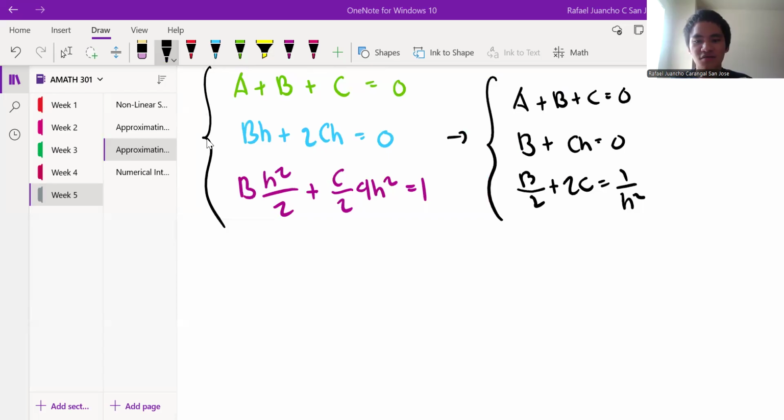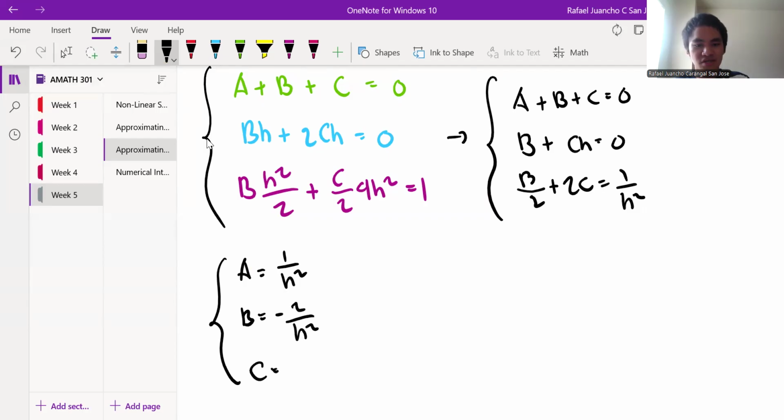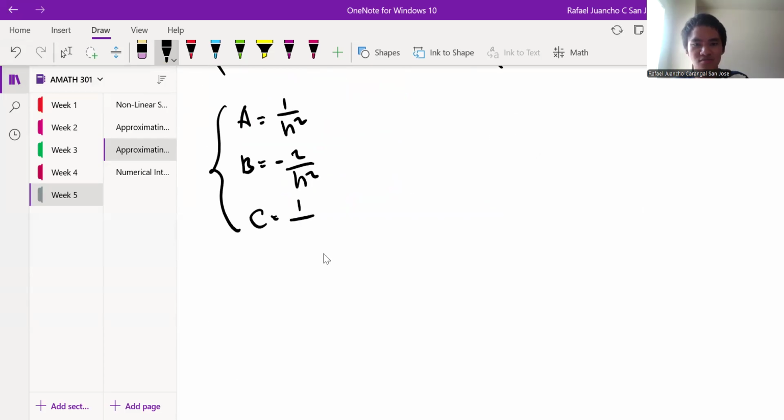And then from there, I solve these systems of equations, and I will get something like this. Oh, there we go. For my a, I get 1 over h squared. For b, I get negative 2 over h squared. For c, I get 1 over h squared, right?